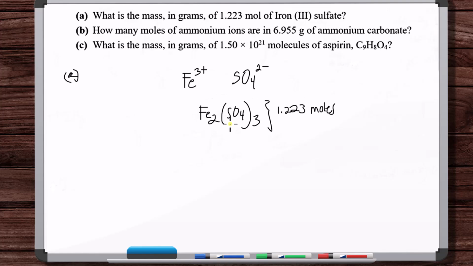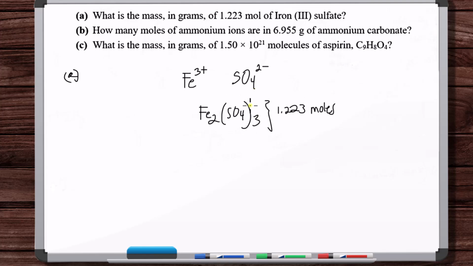Well, we know that if we determine the mass in AMU of anything that we're defining to be an elementary entity, again, it could be iron 3 plus cation, a sulfate anion, one of these units, an egg, a proton, a car, whatever, then that quantity in AMU is also equal to the molar mass of that entity in grams per mole. And so with the molar mass, we can get that bridge between moles and grams, the atomic world and the human size world.